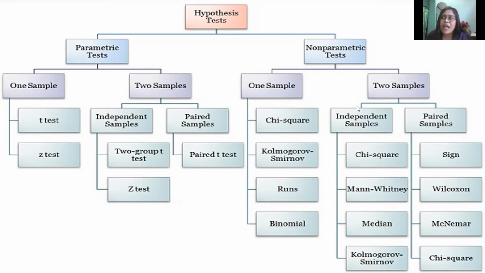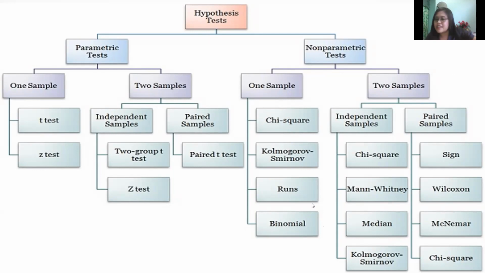As for their non-parametric test counterparts, especially for one sample, we have here the chi-square, the Kolmogorov-Smirnov test, runs, and binomial.